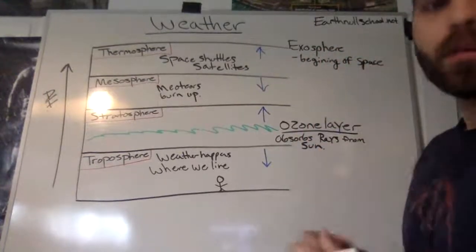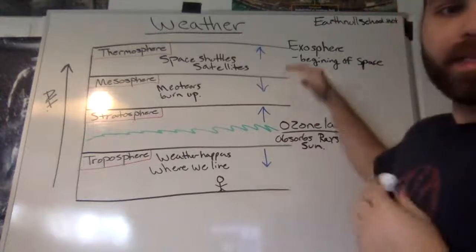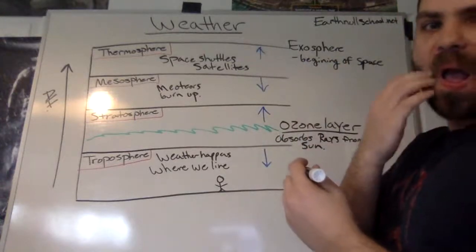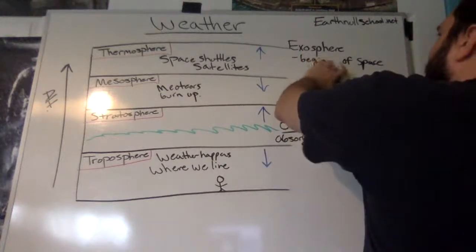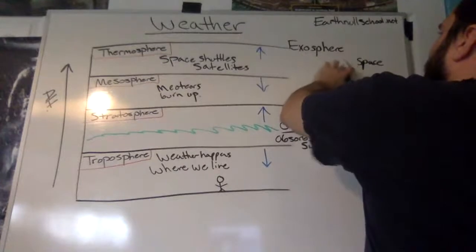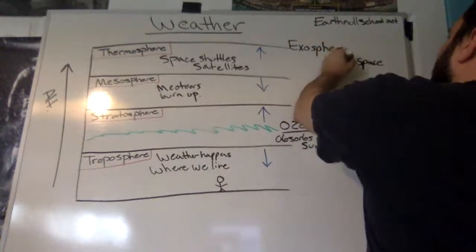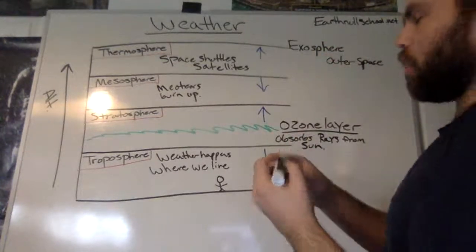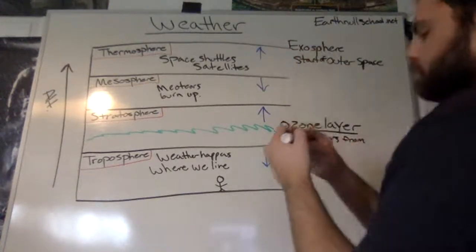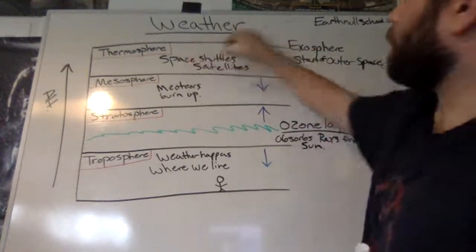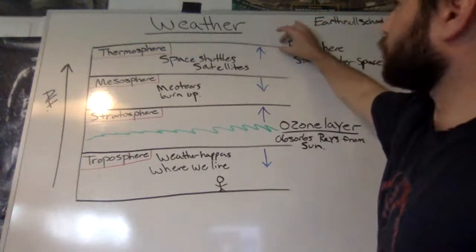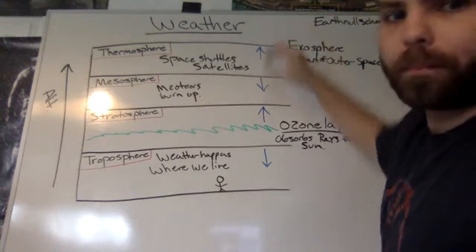That is the beginning of it. If I could spell it right. Let's write outer space. That's the start of it. It's the exosphere. So it's not really a layer, it's rather just the point that it goes to.